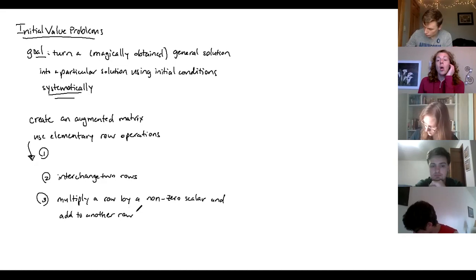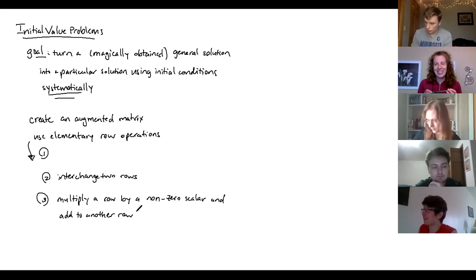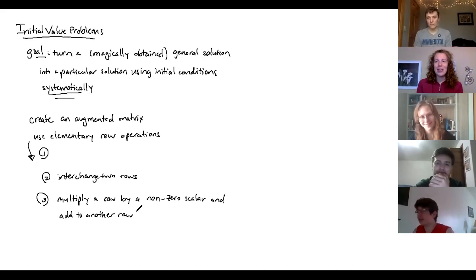Cool. What's my elementary operation number 1 for people who have had linear algebra with me? We didn't use this one very often, to get rid of fractions more than anything else. Elementary operation number 1, someone besides Daniel and Jason, because they have kindly volunteered for me already. What do we got? Ladies and gentlemen, you are having me doubt my linear algebra teaching abilities. What's elementary operation number 1?